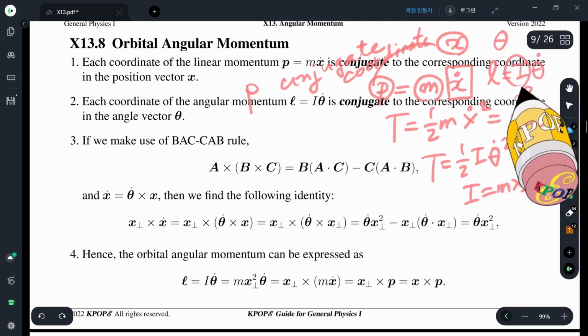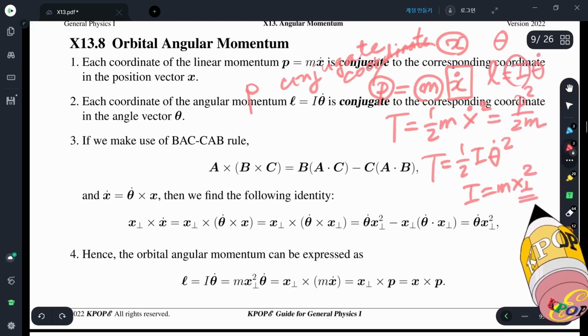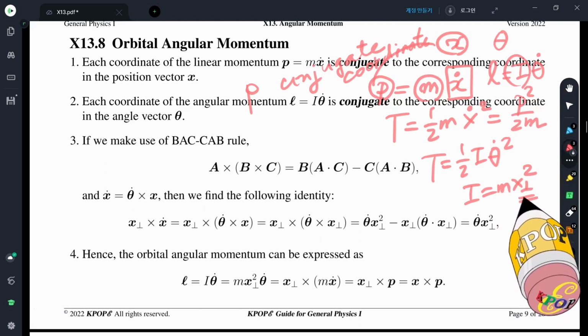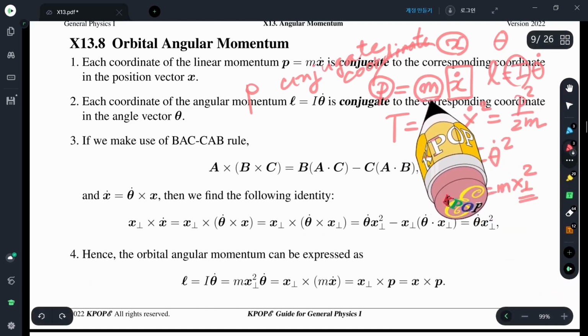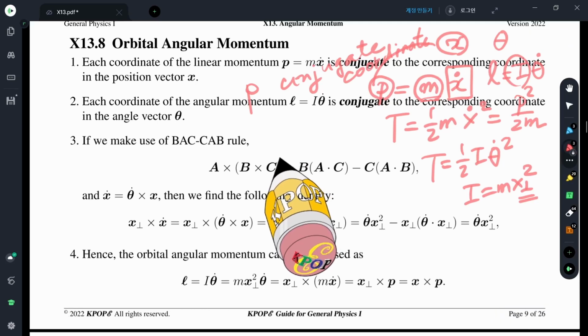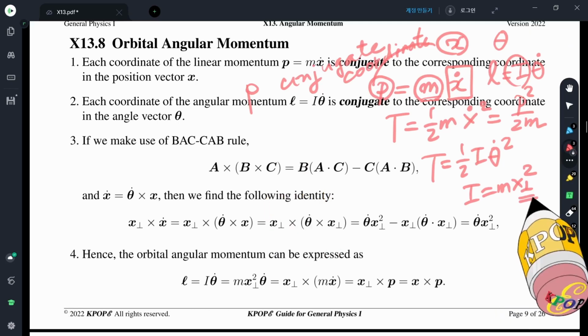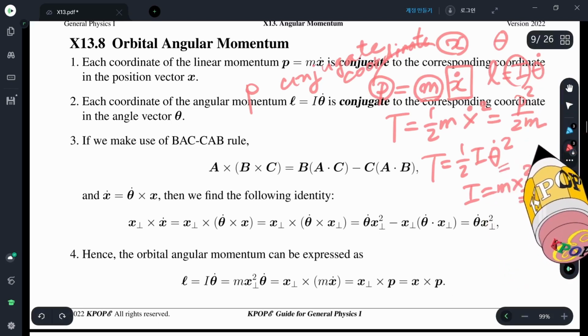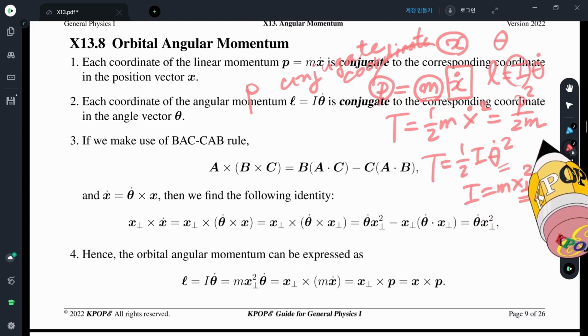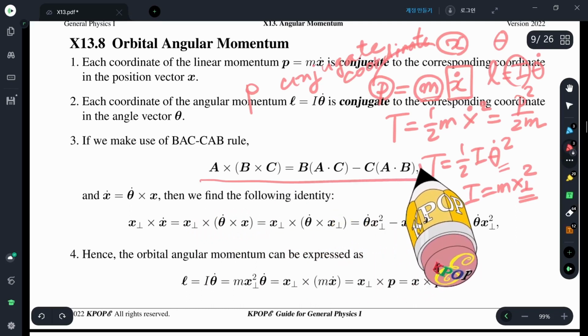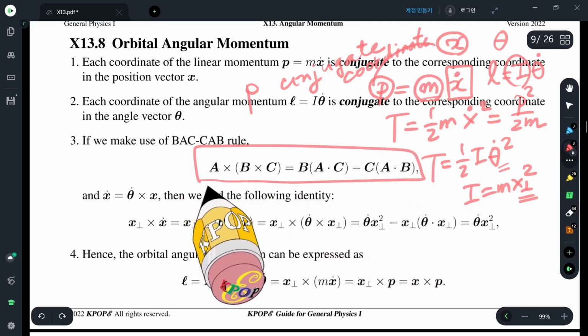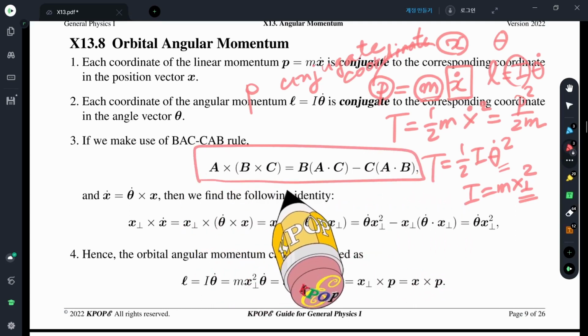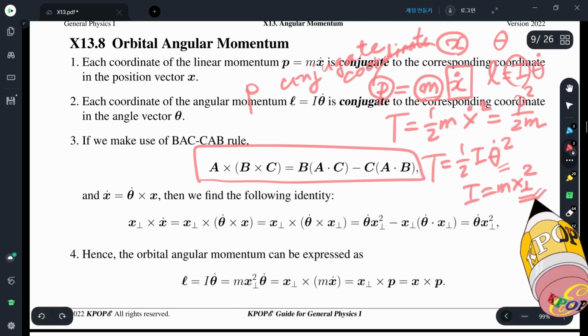So I carries another dimension, length squared, in comparison with the mass in the linear momentum. This compensates for the dimensionlessness of the coordinate for the rotation. Anyway, the BAC-CAB rule was very useful to identify this x perp squared.